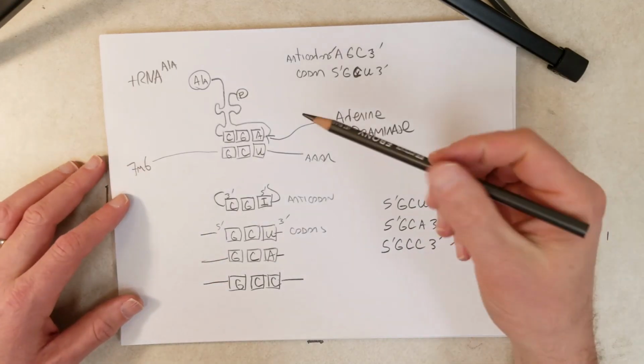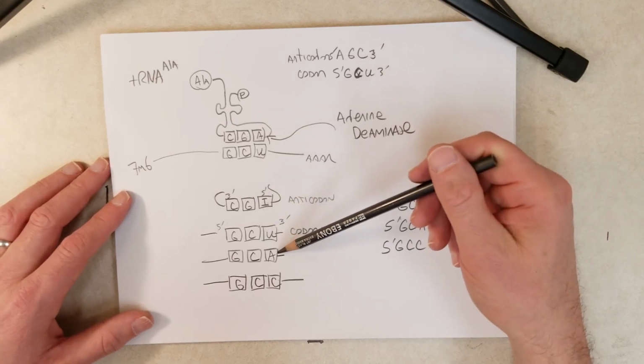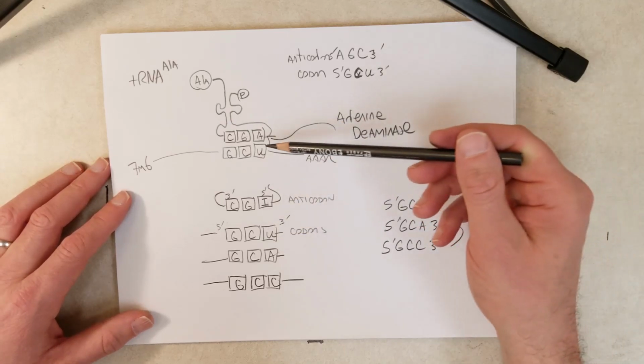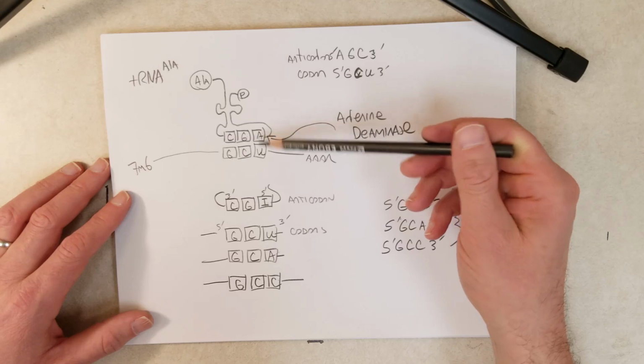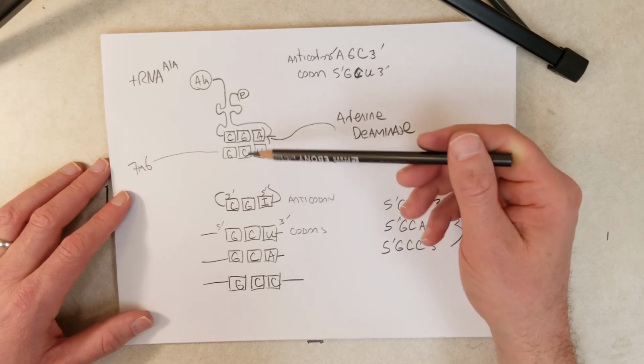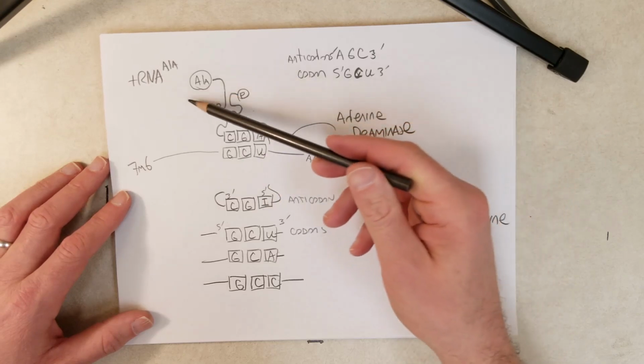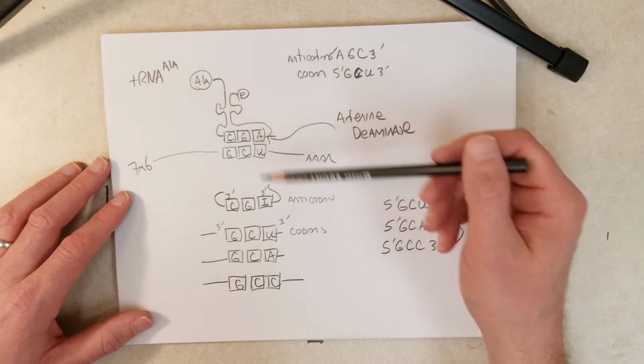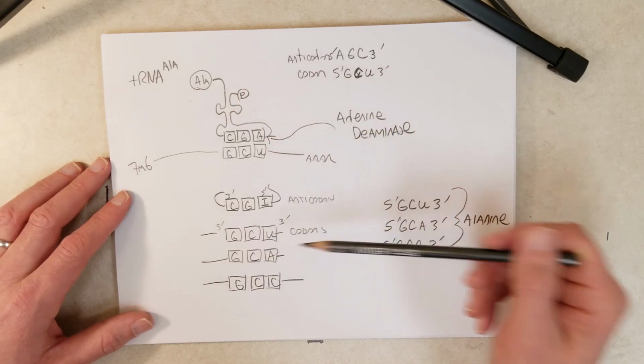So this is an example of how the wobble effect combined with changing adenine to inosine can allow one gene to encode a tRNA molecule that can recognize all three of these codons.